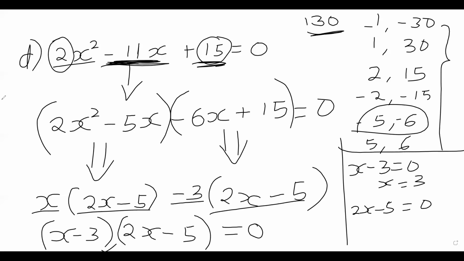We evaluate this to 2x equals positive 5, because we added positive 5 on both sides. And then we get our value of x as 5 over 2, or rather 2 and 1 over 2. And that's how you evaluate a quadratic equation with a coefficient that is more than 1.